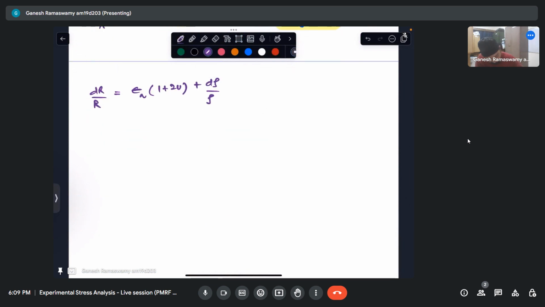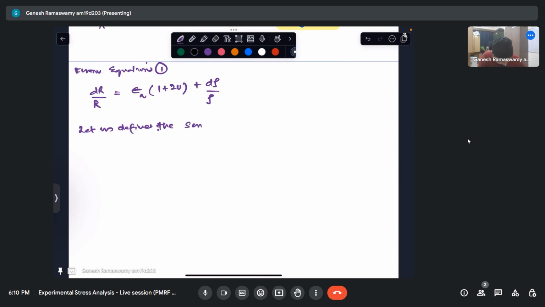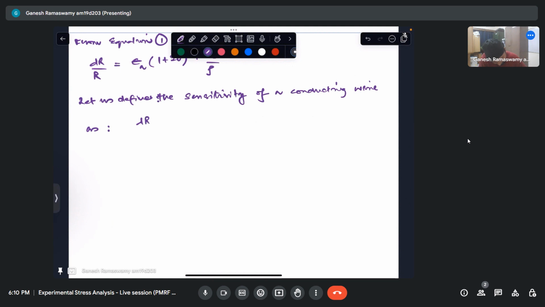Now from equation 1, we have this. Now we can define the sensitivity of a conducting wire as S capital suffix A. When we go for small suffix A, that denotes the sensitivity of a strain gauge.